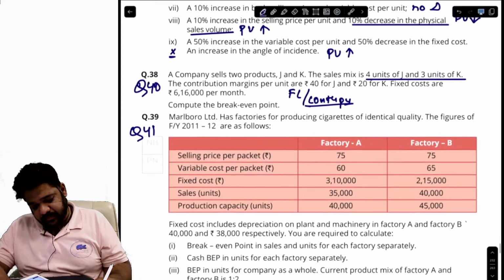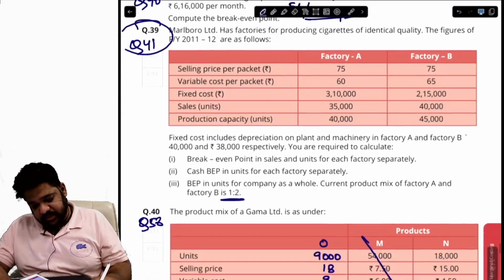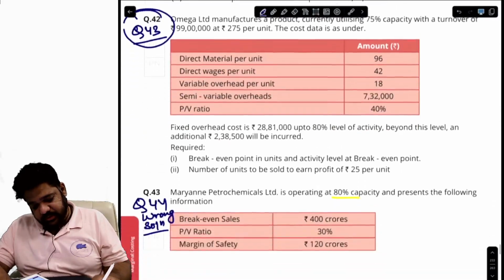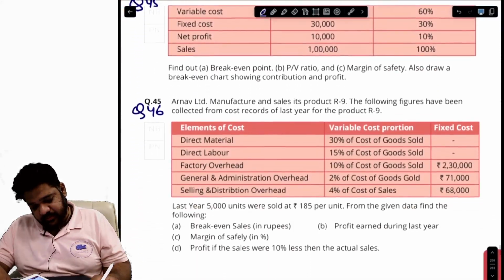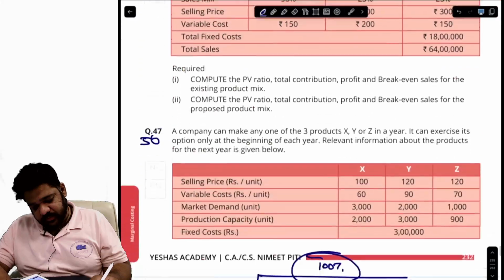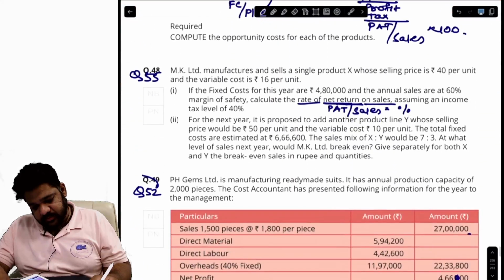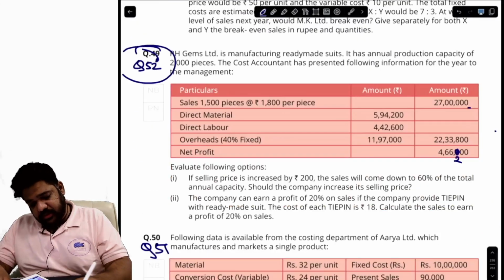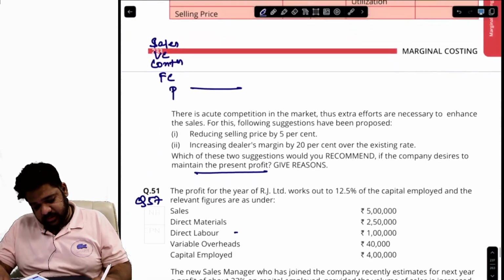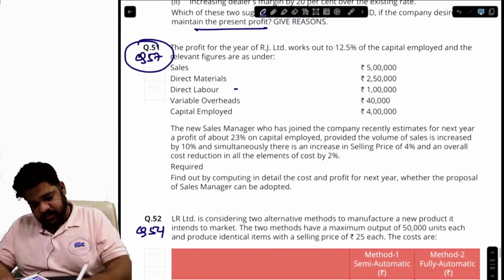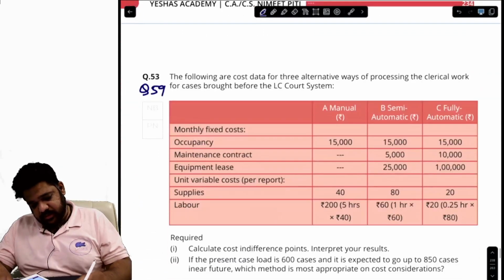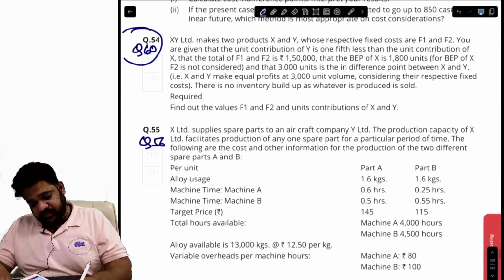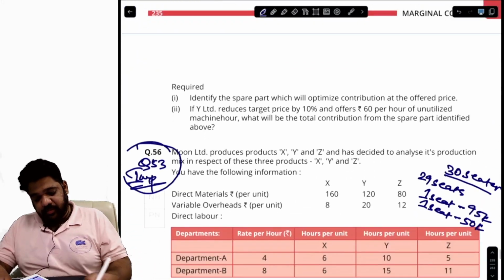I can do this. This. This. This. And of course, the last two are important.